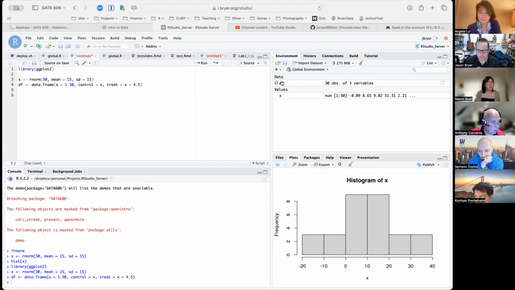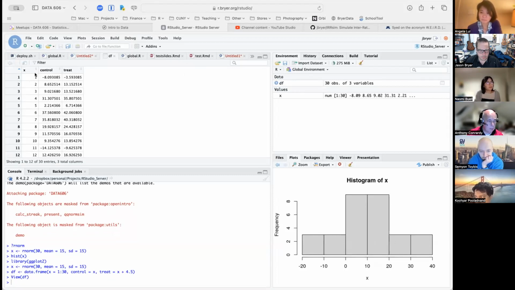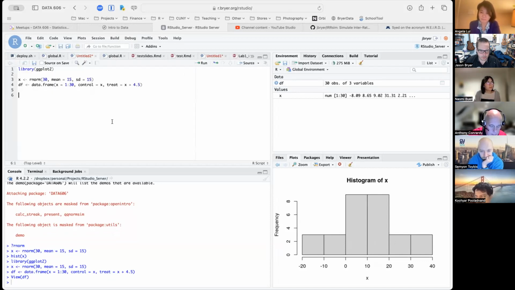So now I have this data frame. I have an ID. Under the control condition, this person got negative 0.8. This is 4.5 plus that, right?